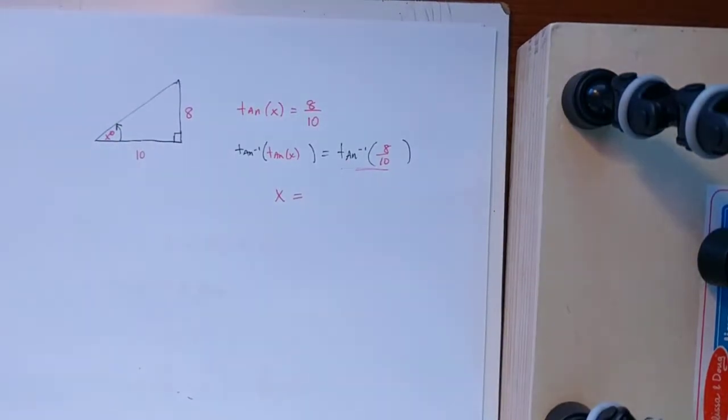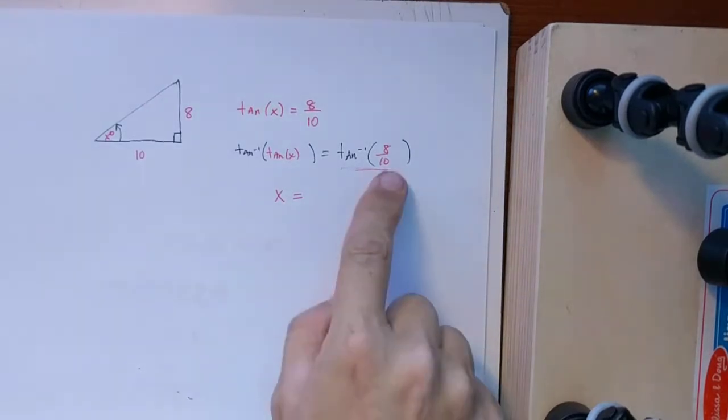And just real quick, I'm going to actually use my web browser calculator here. I want to be in degrees, and I want to do 8 divided by 10. So that's going to give me 0.8.